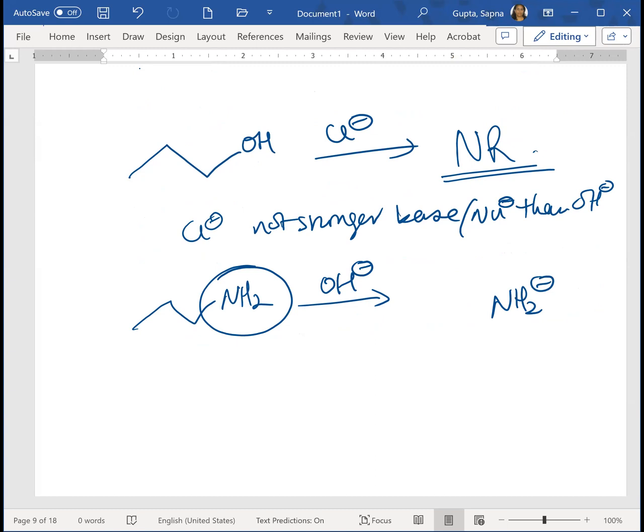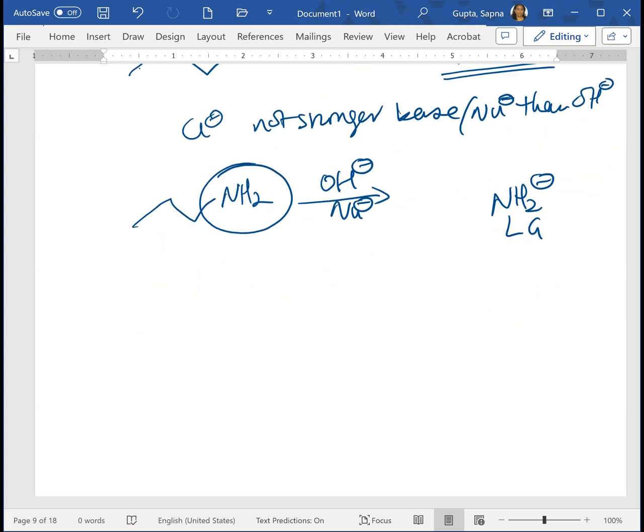Remember, since it's NH2 minus as the leaving group, not just NH2, not NH3, it's NH2 minus. And you're comparing that to hydroxide. So this is supposed to be the leaving group, and this is supposed to be your nucleophile. How do you decide whether the hydroxide is going to be a stronger nucleophile than amide?